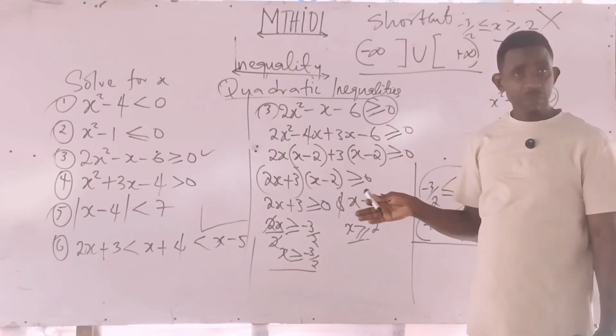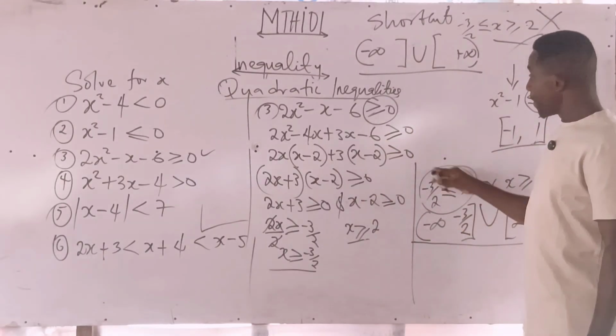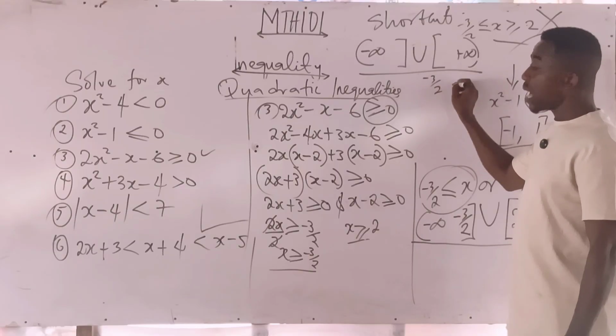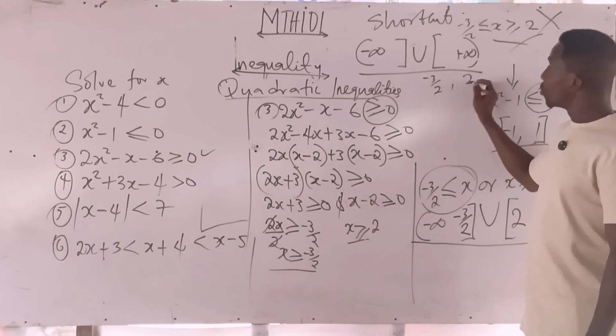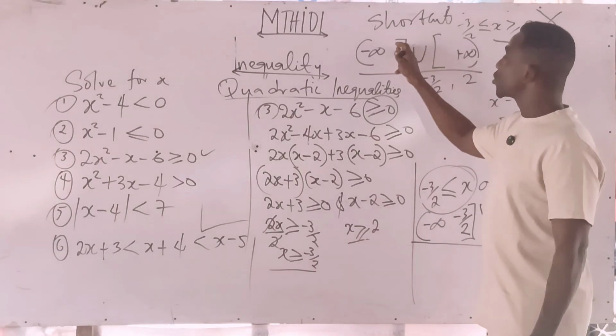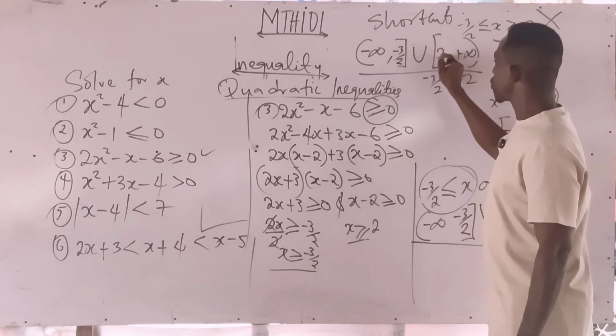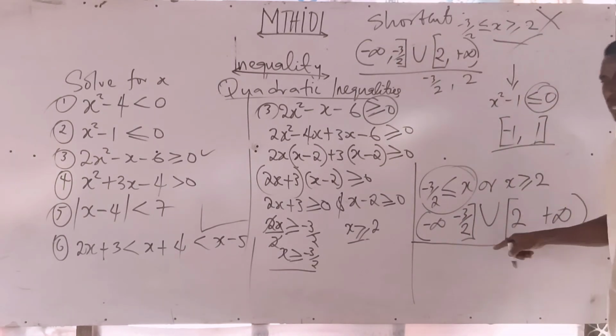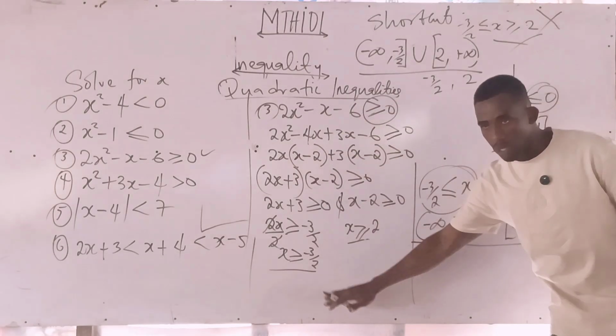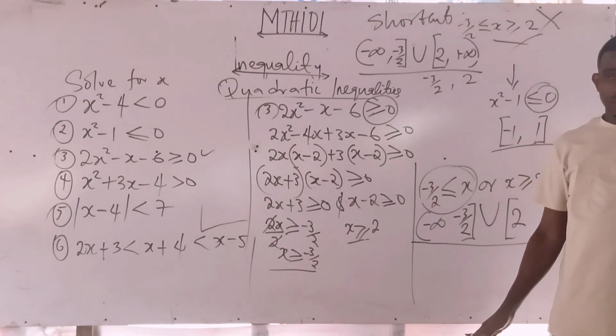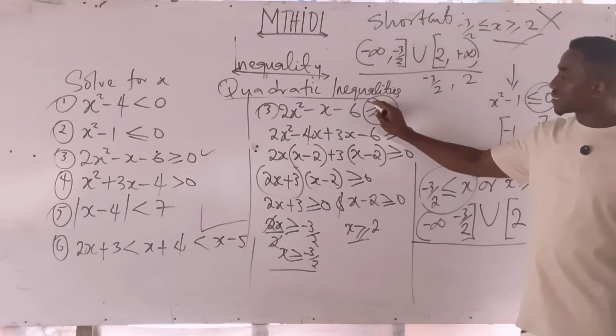Have you finished? Good. What do you get? And what again? 2. Then put here the smaller number, which is minus 3 over 2. And put here the bigger number, which is 2. Do you have the same answer? Yes, without following all this process. Remember that this is slack inequality.